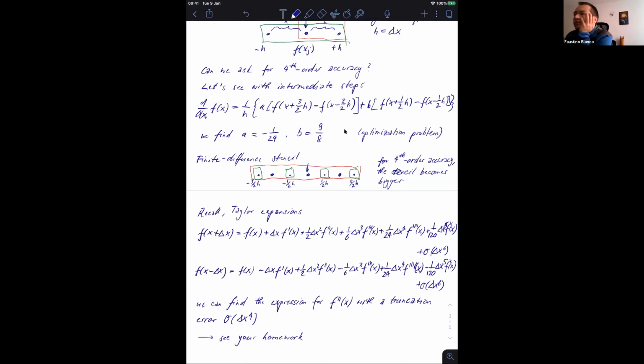You want to put this, for example, in Python or MATLAB. You can just change h by 2 delta x, for example, and that will work.